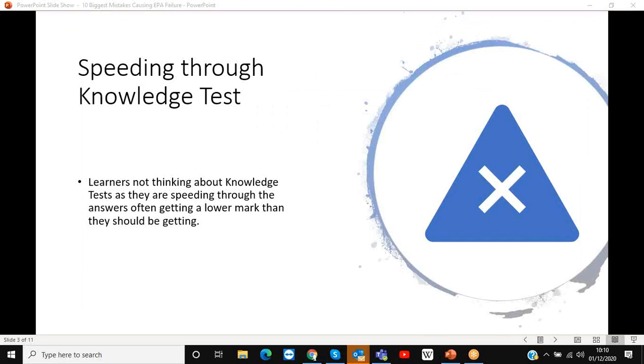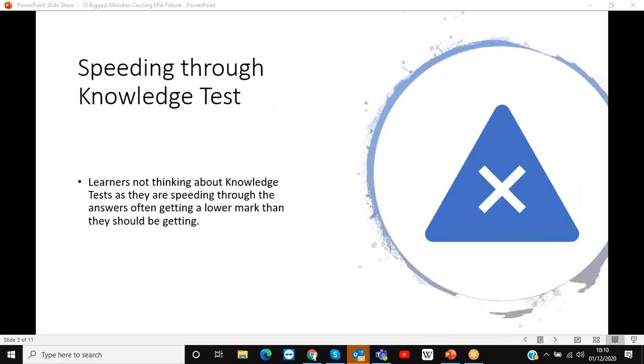What we find is that learners are breaking the speed record every single time, competing with each other to see who finished the test in the earliest time. Sometimes it could be the difference between a pass and a distinction, or a merit and a distinction.